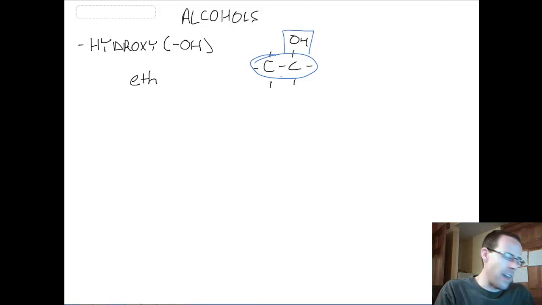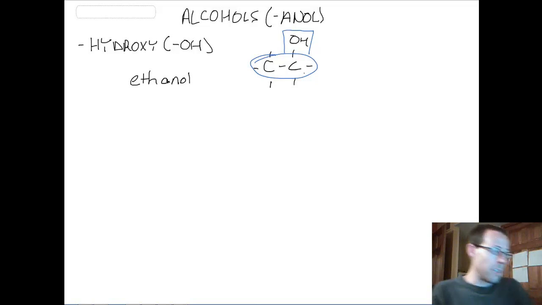So we still have the eth prefix, but alcohols have a hydroxy group, and their suffix is always -ol. So this becomes ethanol. This particular alcohol is beer alcohol, wine alcohol, but ethanol is two C's with an OH.